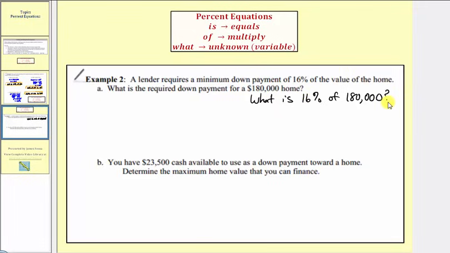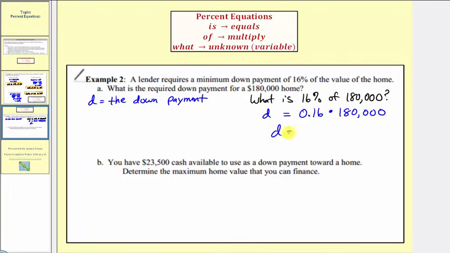Looking at the simplified question, the first word we see is the word what, which represents the unknown. Let's use the variable d for down payment. So we'll say d equals the down payment. So we have d, then we have is, which means equals. 16% as a decimal would be 0.16. Of means multiplication, so times, and then we have 180,000.